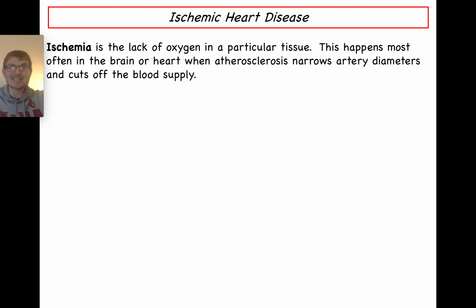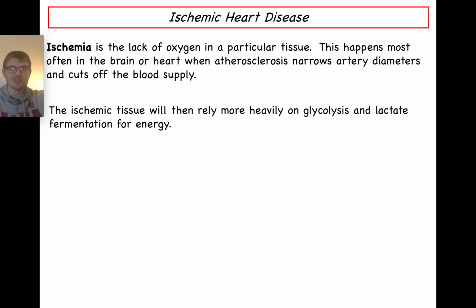So like I said, ischemia of the heart or of the brain will happen usually as a result of atherosclerosis narrowing the diameter of an artery and preventing the natural and good flow of blood and delivery of oxygen and nutrients. So the consequence here is very similar to what we talked about with skeletal muscle.